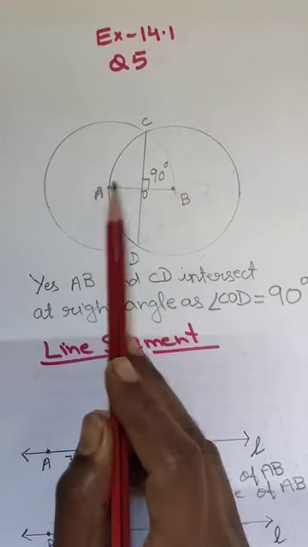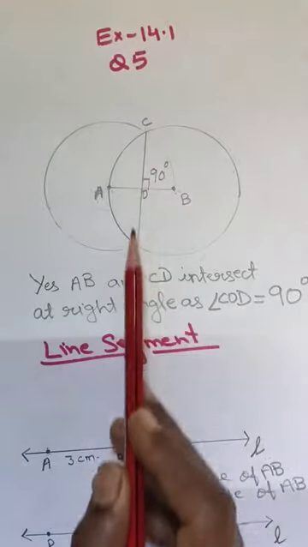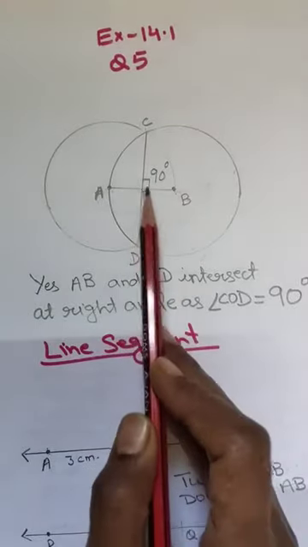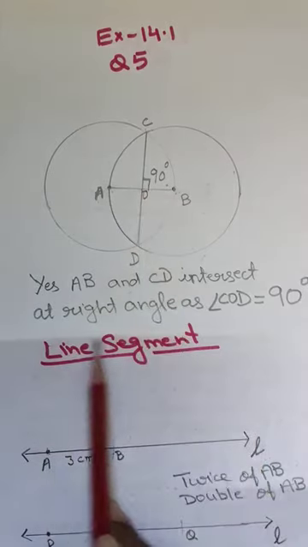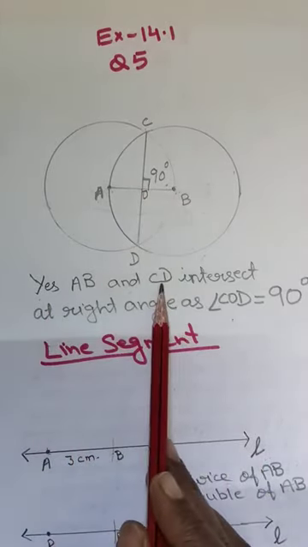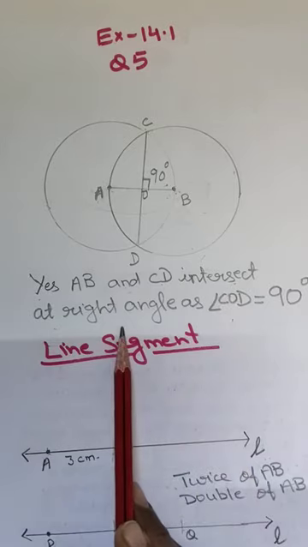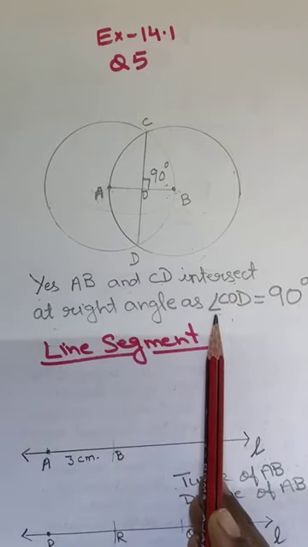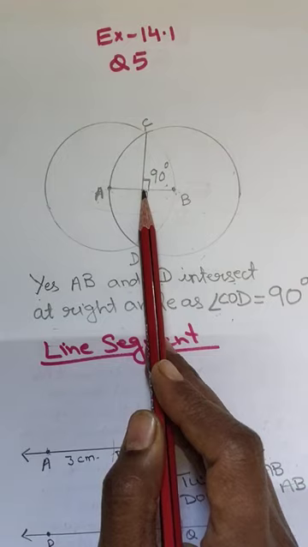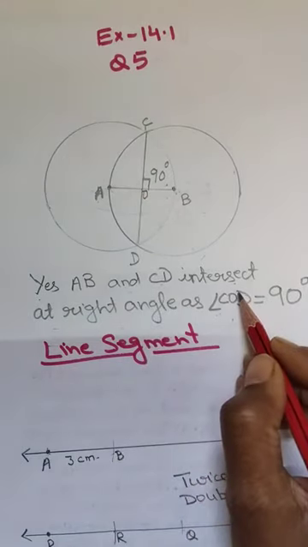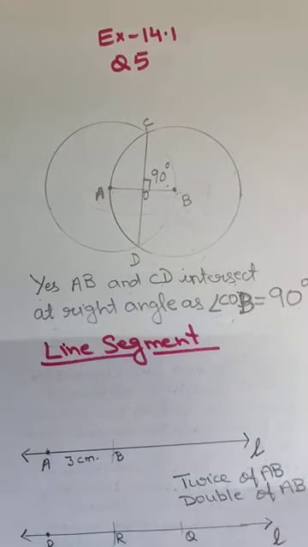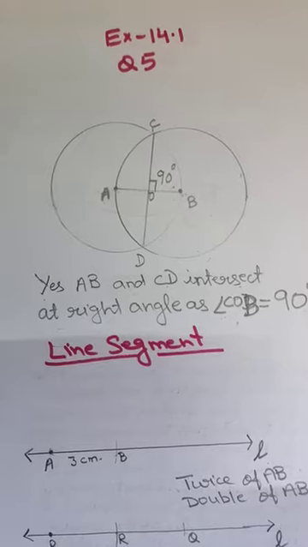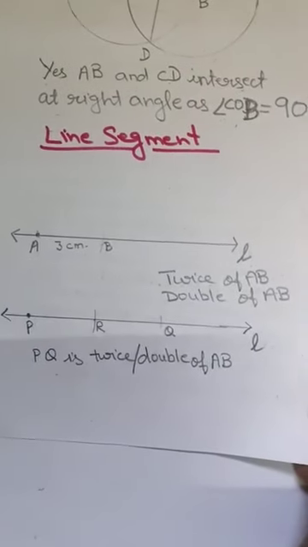Join their centers A and B. Join where they intersect, that is C and D. You will see that AB and CD intersect at right angle, as angle COD is equal to 90-degree.